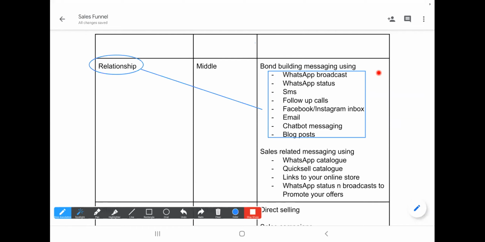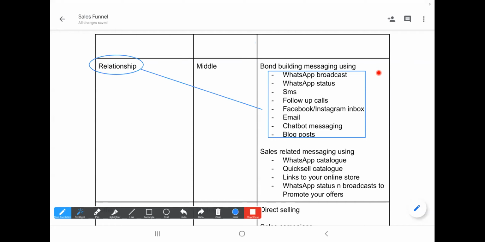Now, the deal is this: at the relationship stage of the funnel, you want as many people as possible who fit into your target audience to now know you more, to come closer to you, to form a form of relationship, because people don't buy because they have needs all the time. People often make the decision to buy because they like you.